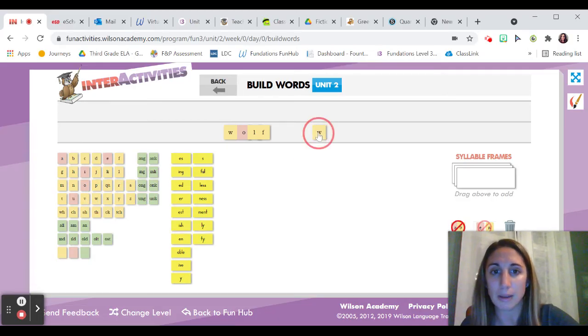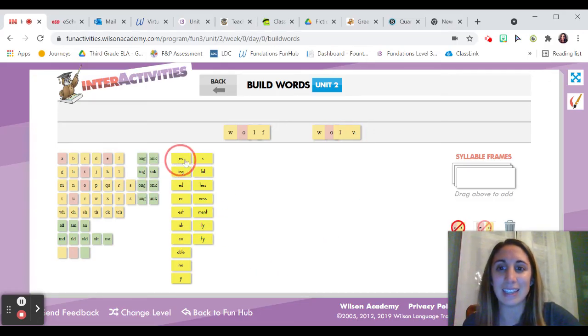So it starts the same, WOL, that'll stay, okay? But that F has to become a V, and then we add the ES suffix, wolves, okay?